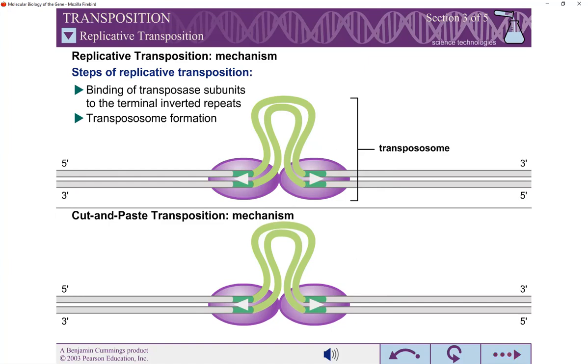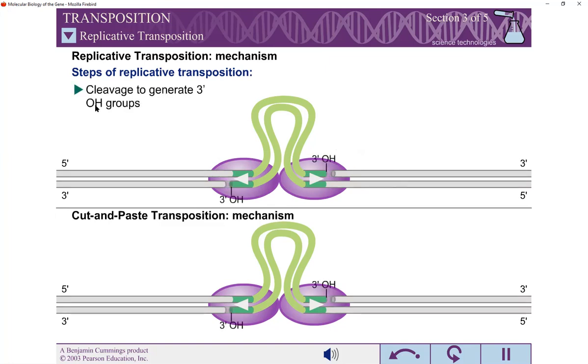So this is the transpososome. Next, the transposase subunits introduce nicks in the 3' ends of the transposon strands. However, this mechanism is still the same in the cut and paste mechanism and the replicative mechanism. However, what is going to happen now is very important. It will move to another homologous DNA sequence. Only one strand will move to another homologous DNA sequence, whereas the other strand will remain here.